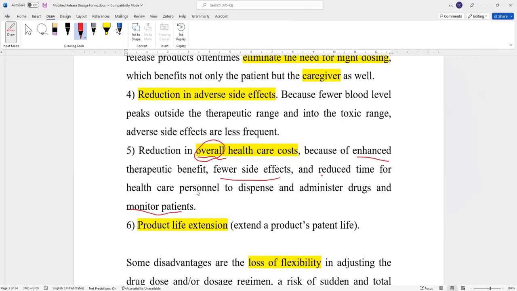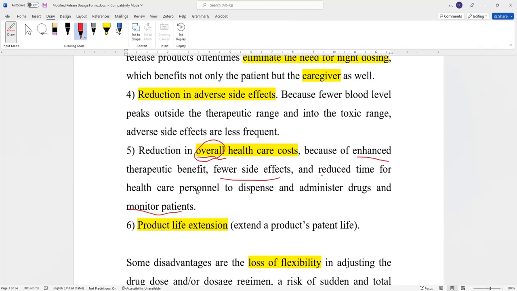So when it gets to the market, usually 20 or less years will be left for the drug in the market, and after that the patency expires. Okay, and this allows other companies to come and benefit from this drug and produce it as a generic drug product.